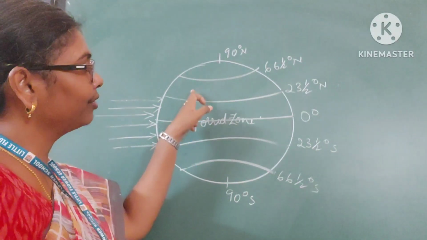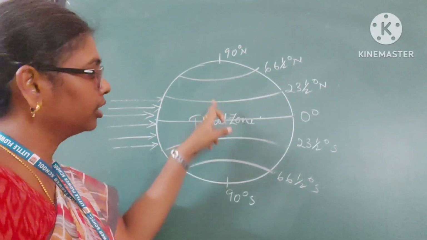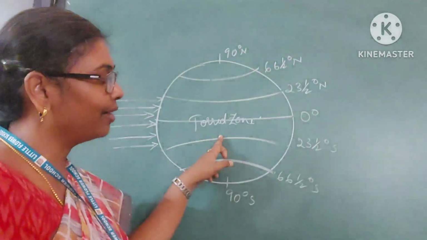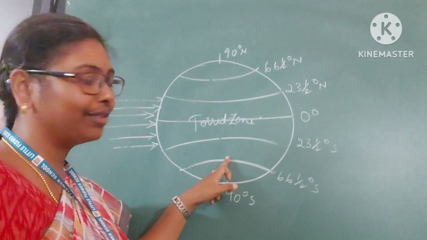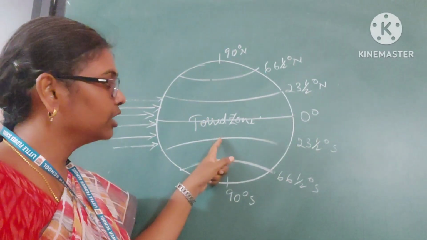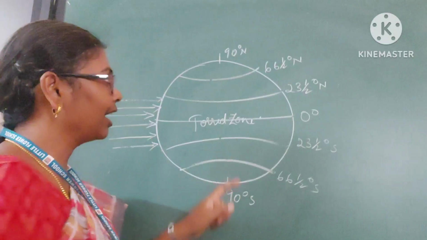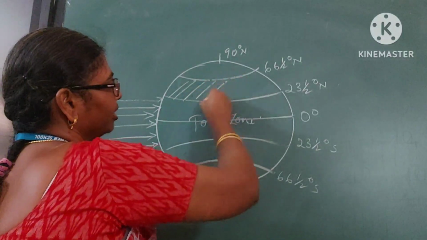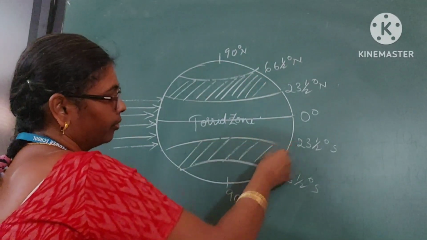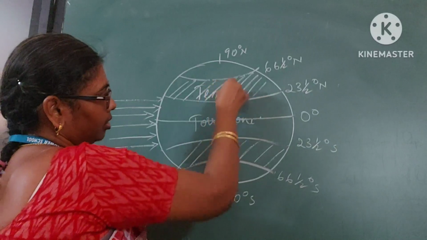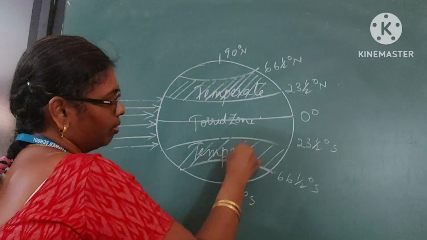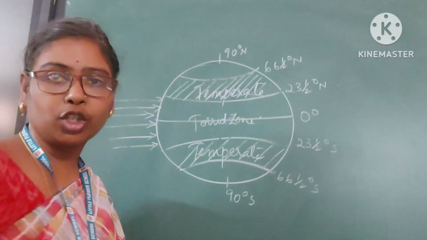From 23.5 degree north to 66.5 degree north and 23.5 degree south to 66.5 degree south, that is Tropic of Cancer to Arctic Circle and Tropic of Capricorn till Antarctic Circle, this area is termed to be the temperate zone.